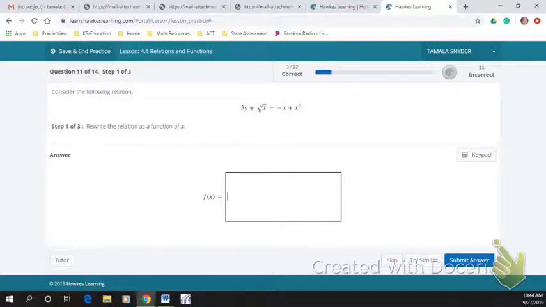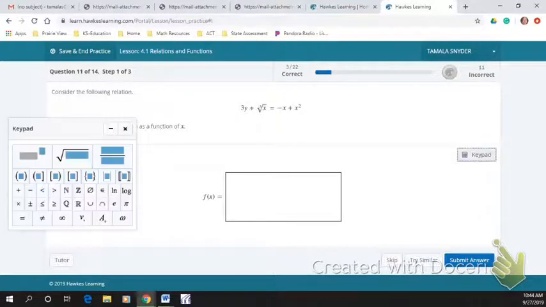So to get y by itself, I would move this thing over and divide by 3. So I'm going to need a fraction, not a square root. Cube root of x. Yes, it is.